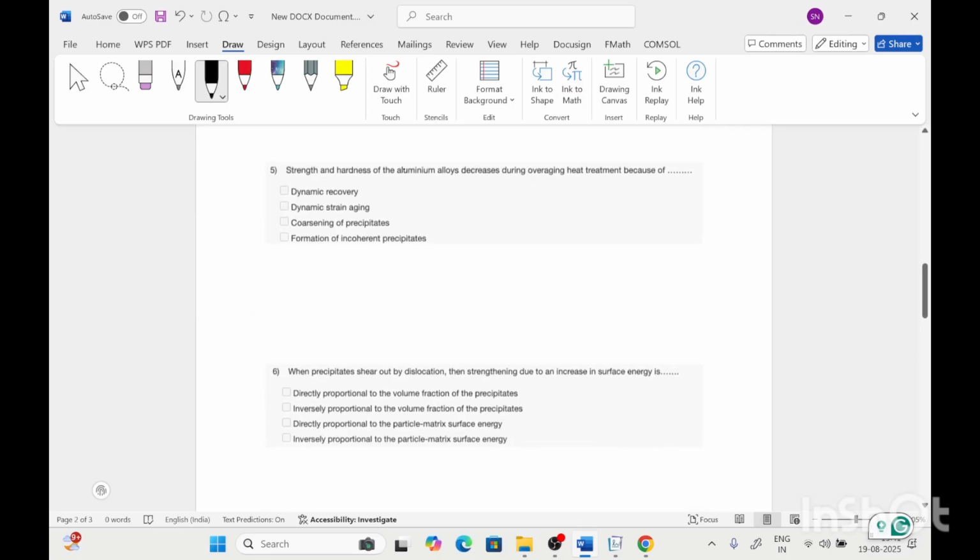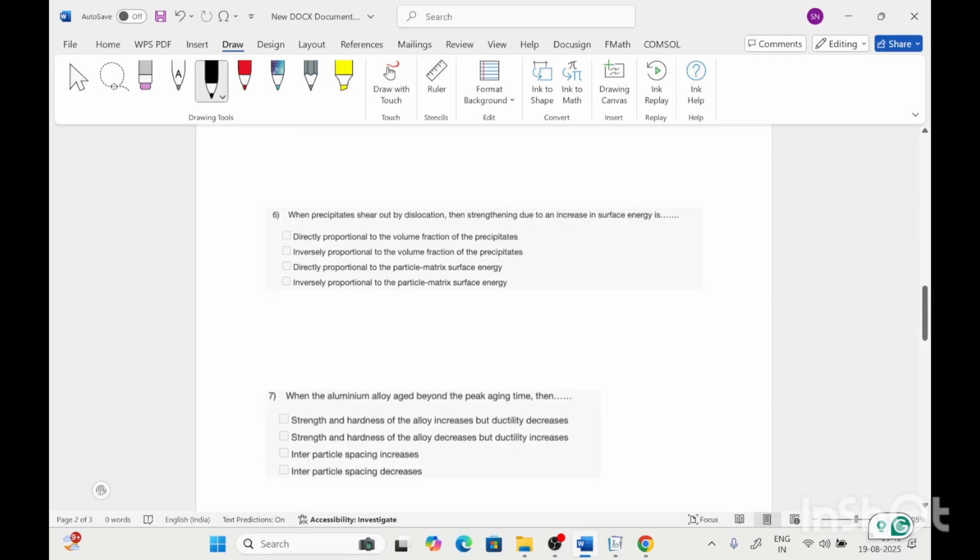Next question is, strength and hardness of aluminum alloy decreases during overaging heat treatment because of coarsening of precipitates. Yes. And one more option is correct: with coarsening, the precipitates also get an incoherent interface. The formation of incoherent interface. So C and D options both are correct.